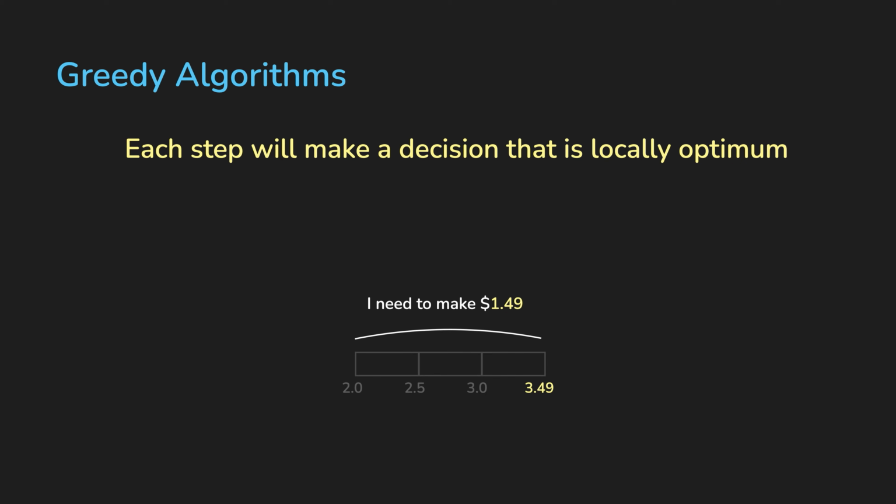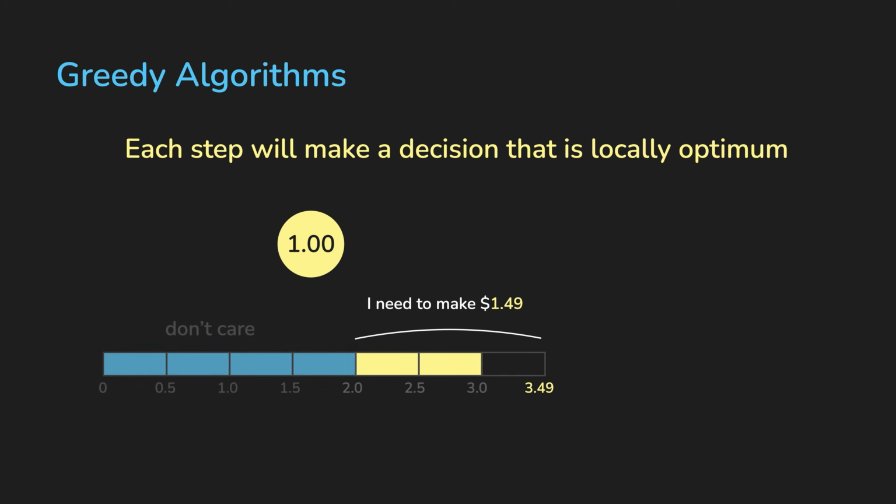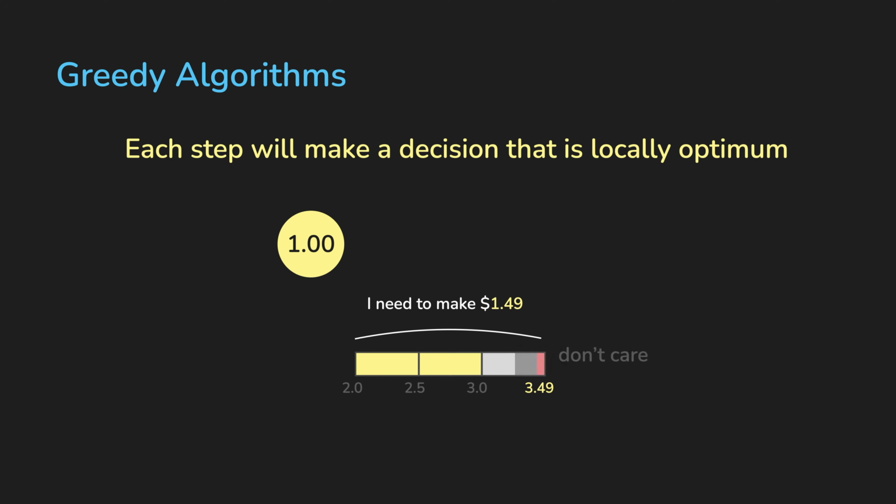Then, our solution was to just take the highest value coin that you can get as long as it does not exceed the amount left. So if there was $1.49 left, we would just pick the $1 coin. Hence, this is what we mean by local optimum, which means at this stage right now, the best way to minimize the number of coins is just by picking the highest coin value without thinking about what happened previously and what's going to happen ahead, hence a local optimum.